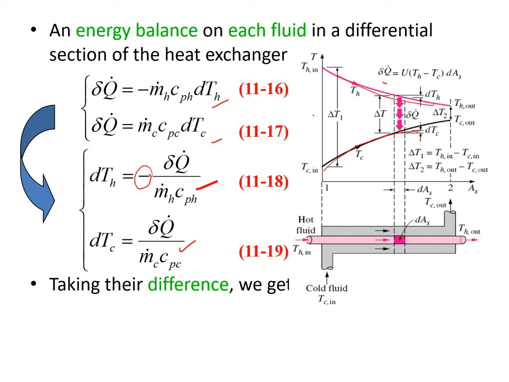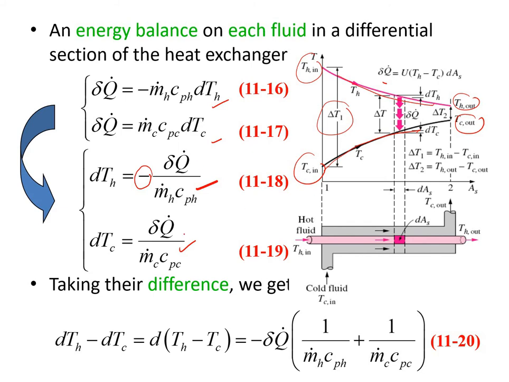So another information for you, for delta T1, we consider TH in with TC in. Meanwhile, delta T2 is the difference between TH out and TC out.